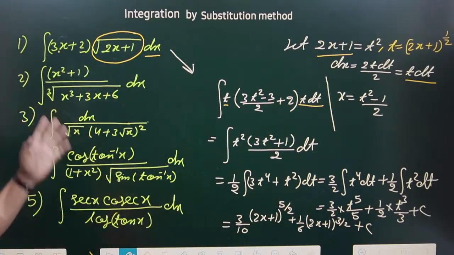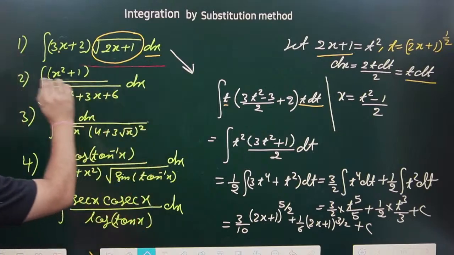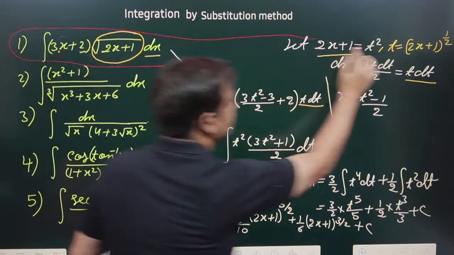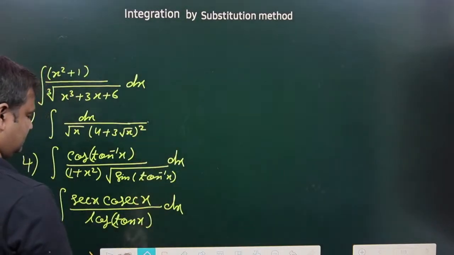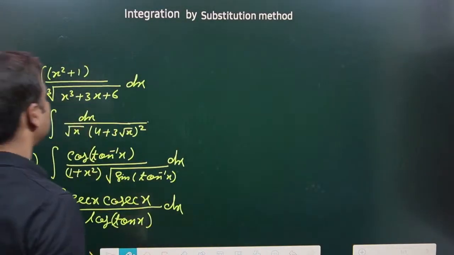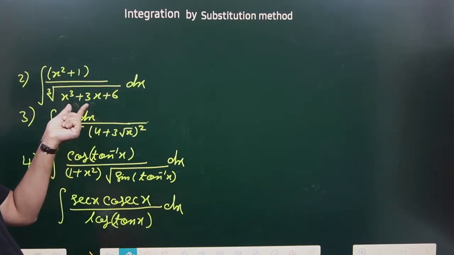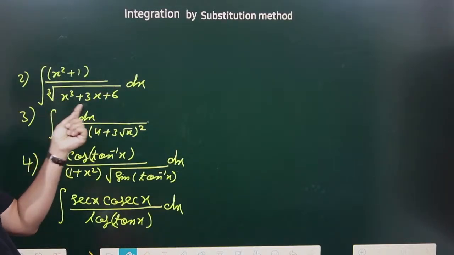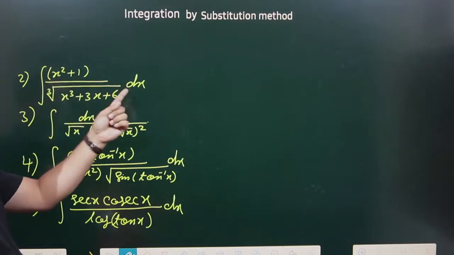Now we are focused on the next problem. Question number 2. Now look, if this is taken as f of x equal to t, that part is the g of x part, and this is basically g prime x dx.